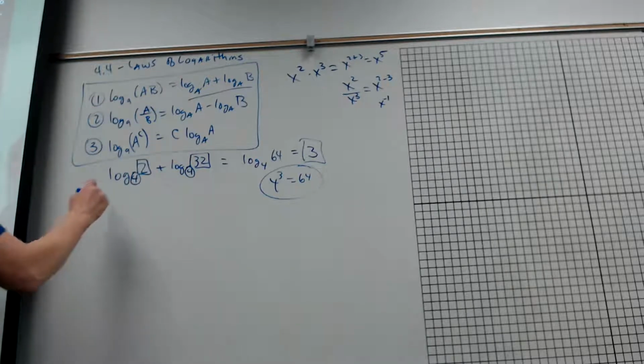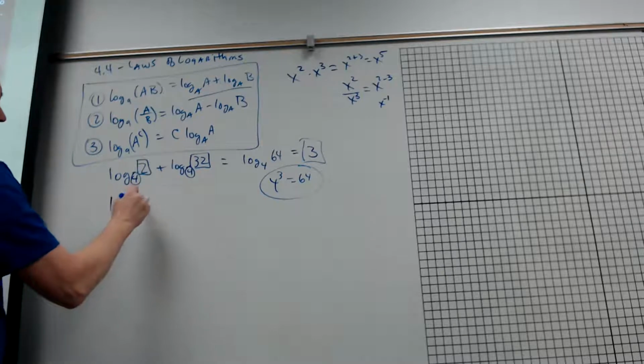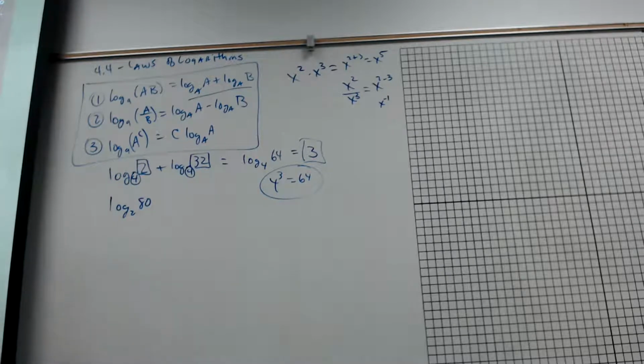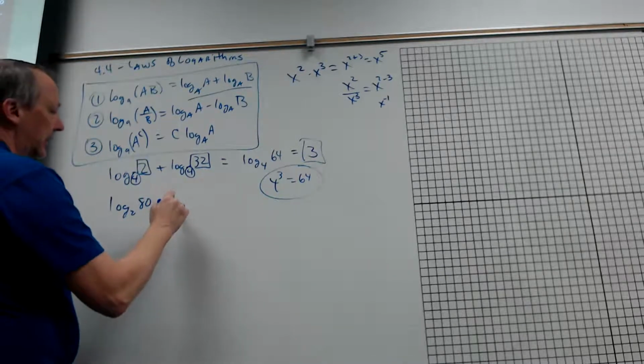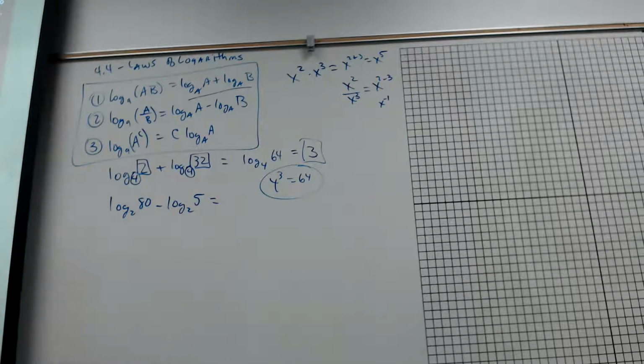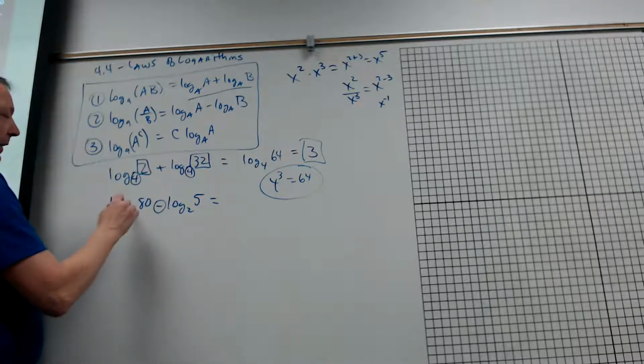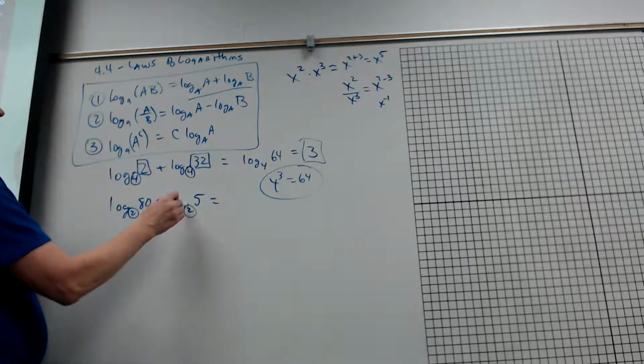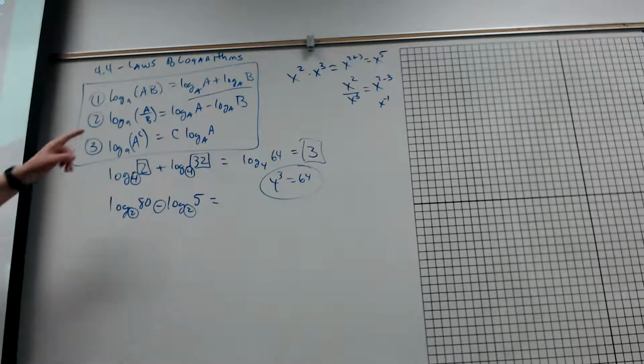So that's using these backwards. What if I said log base 2 of 80 minus log base 2 of 5? Okay? So you see me do one of those. Breezy, it must be your turn. Okay? We've got a minus here. Right. Got the same base. You're gonna divide. So we can divide those, right?